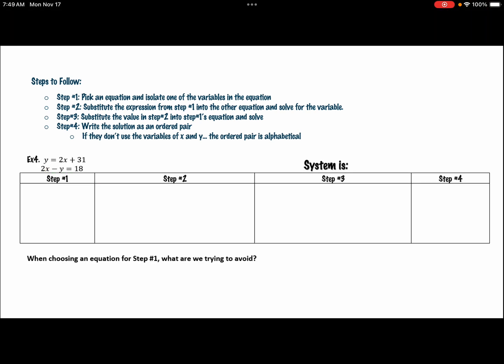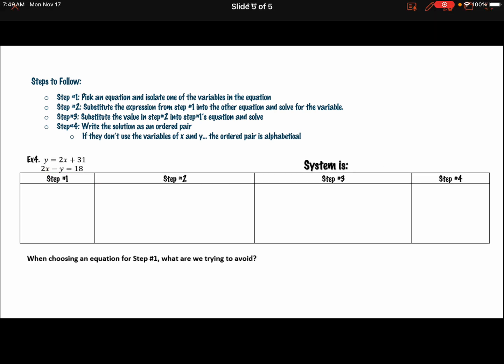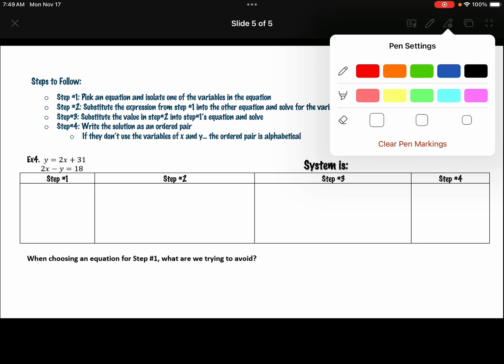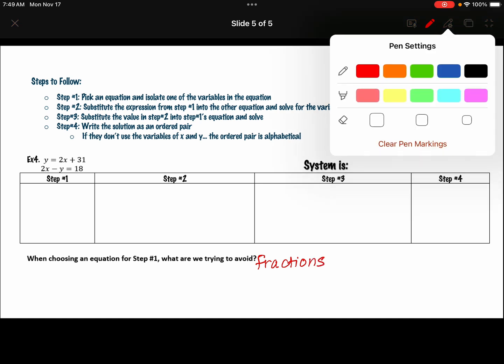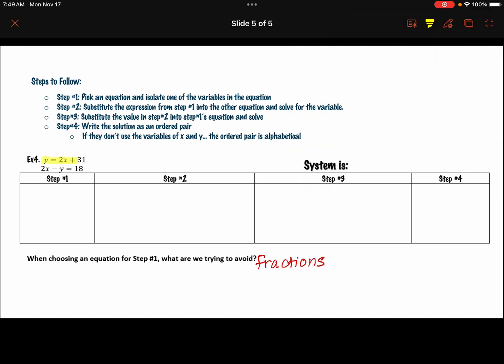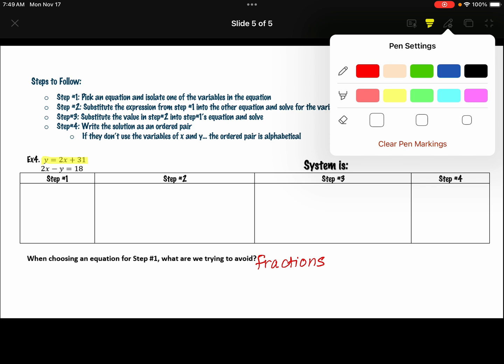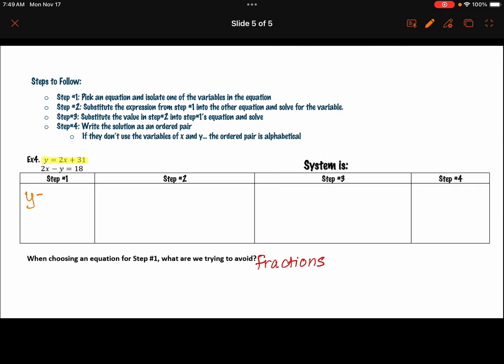All right, let's try one more. And again, we just talked about this. In step 1, we are trying to avoid fractions. That's our goal. So step 1 on this one has already been done for us, which is very, very nice. So I'm going to say y equals 2x plus 31.